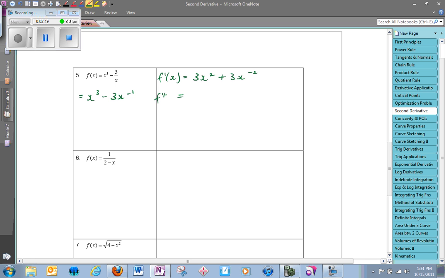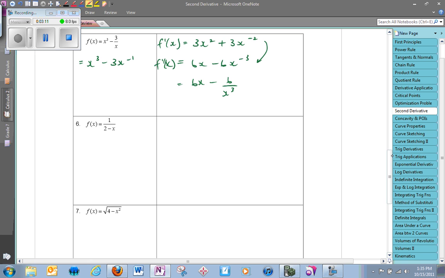The second derivative is 6x minus 6x to the minus 3. Rearrange the form here. Notice that between the first derivative and the second derivative, I don't rearrange the form because then I'm going to have to go backwards anyway in order to take the derivative. So just leave it as it is as you're going through with the question.